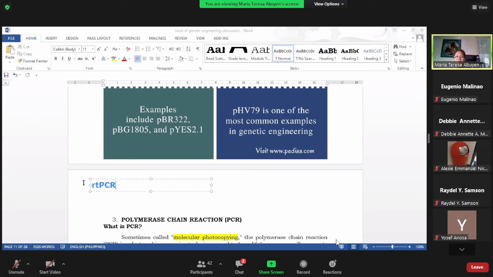So, the reason it is reverse transcriptase is because the COVID virus uses RNA as its genetic material. A bacteriophage, on the other hand, uses DNA as its genetic material. I remember a question in one of the summative tests before: what genetic material is found in the bacteriophage? And the common answer was both DNA and RNA.